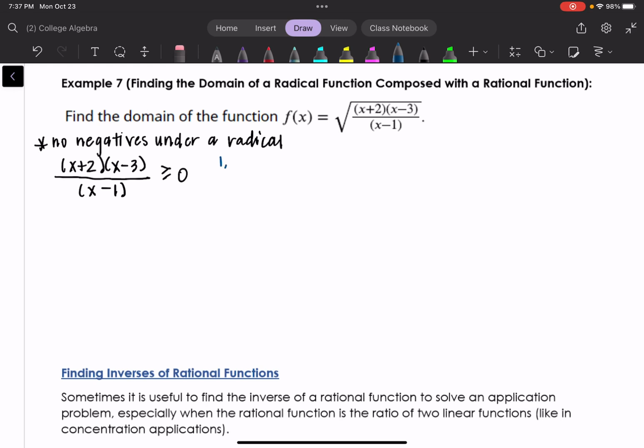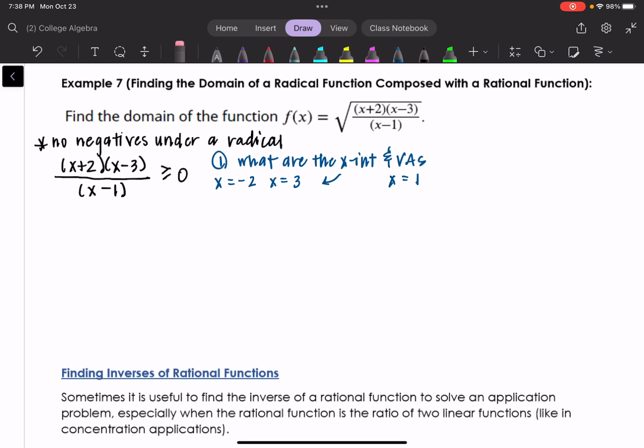So step number 1 is, what are the x-intercepts, because that's where the sign of the outputs is going to change, and the vertical asymptotes, because there's some crazy behavior that could indicate a sign change of the output there as well. You'd be able to determine that the x-intercepts occur at x equals -2 and x equals 3, and the vertical asymptote occurs at x equals 1.